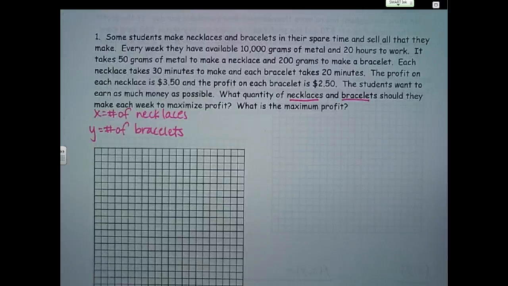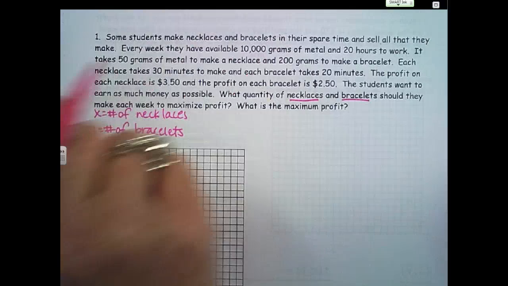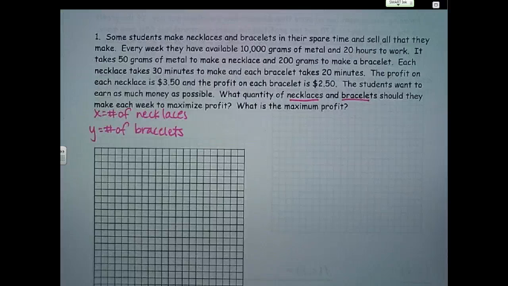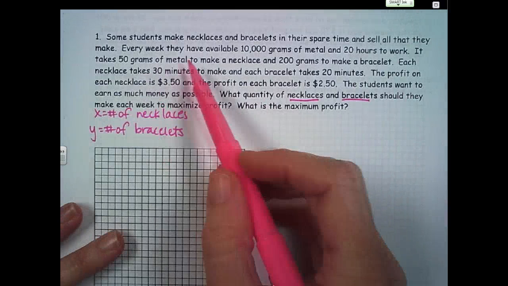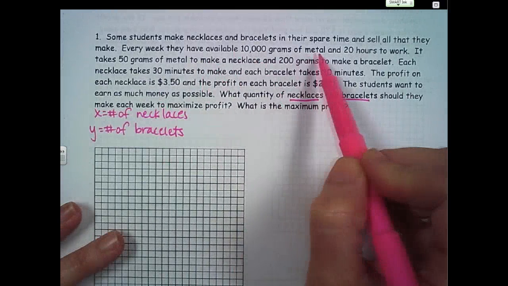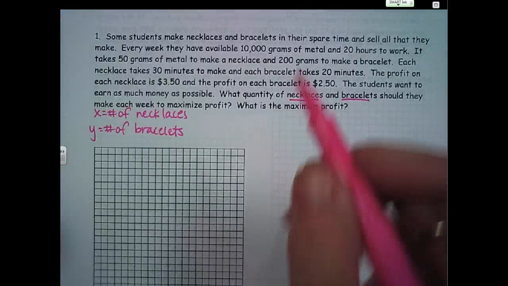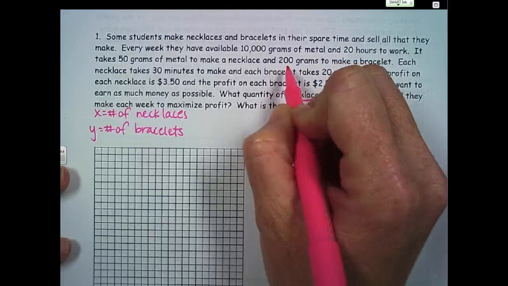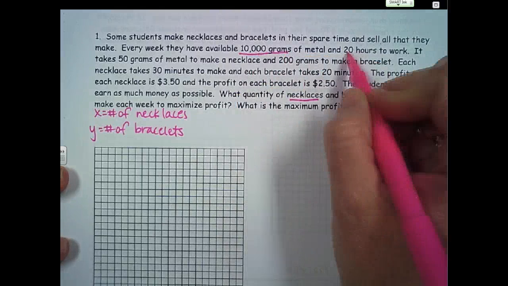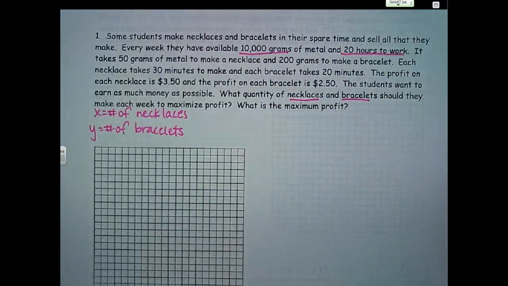Some students make necklaces and bracelets in their spare time and sell them. Every week they have available 10,000 grams of metal and 20 hours of work. So what two issues do they have going on? Material and work, right? So you're going to put the grams together, because that's the total, and the time together, and make sentences regarding both.